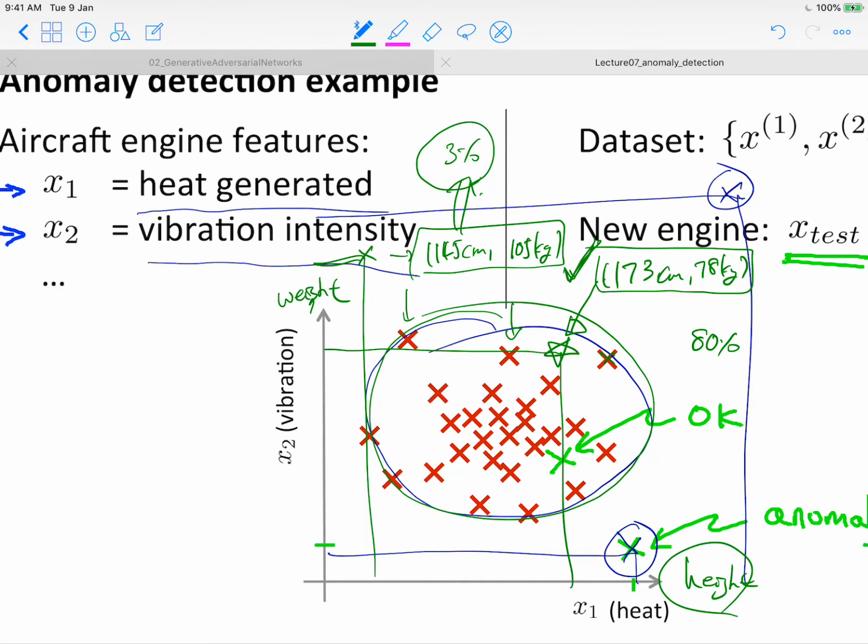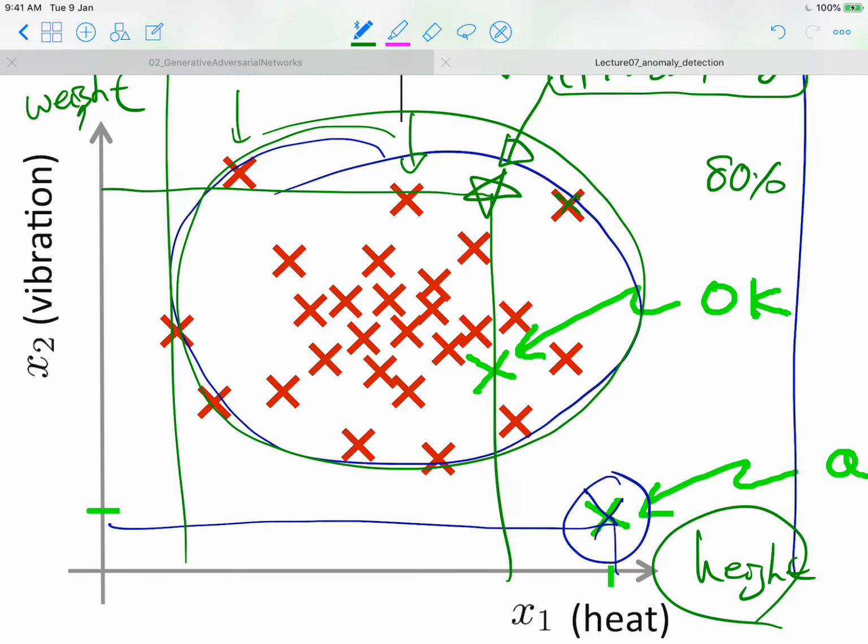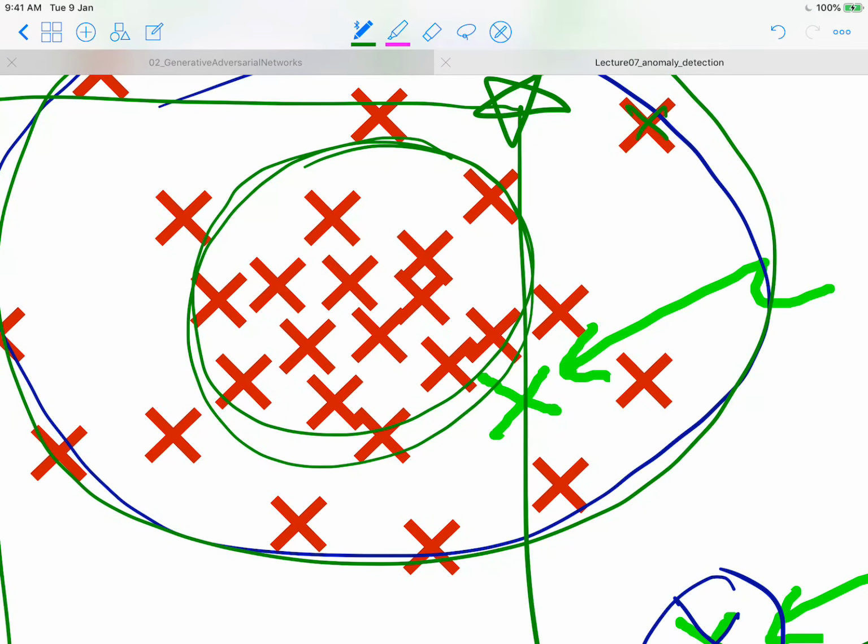The intuition is that, given this distribution or scatter plot of our data, we can roughly think that in the center of our data instances there will be a high chance of observing this particular point or this particular point.